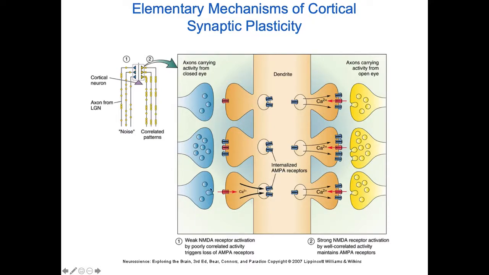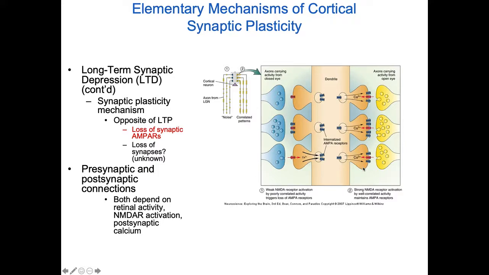And there's just not a lot of stimulus there. And so the neuron's not wasting any time, just remodeling, taking away these receptors here and putting them over to where there are nice correlated patterns from the eye that is left open. So that's what's occurring in this type of case.